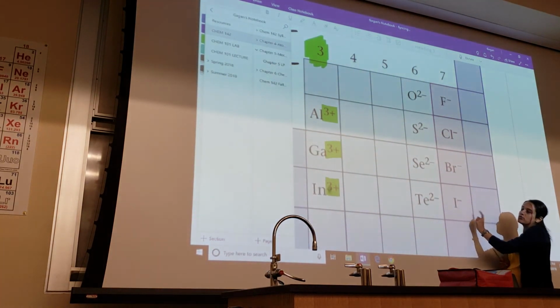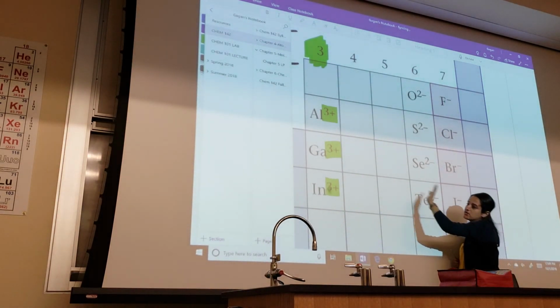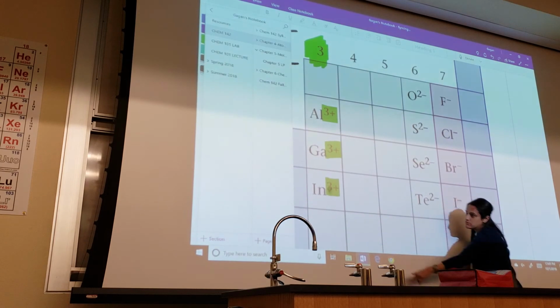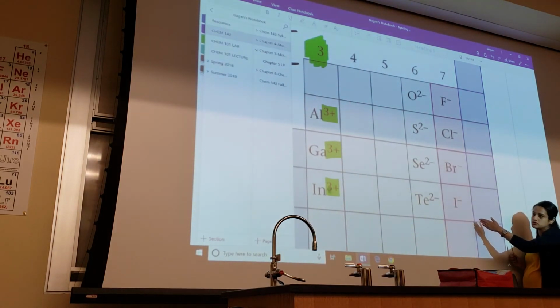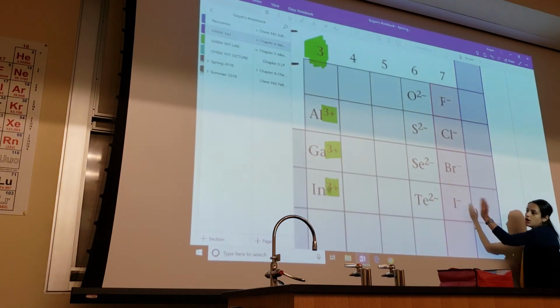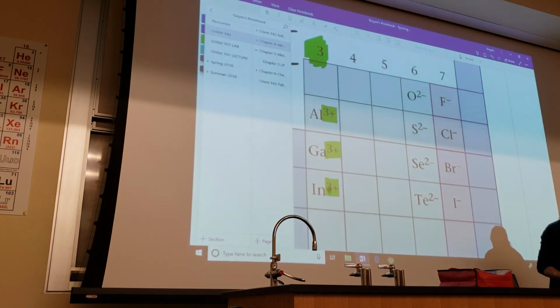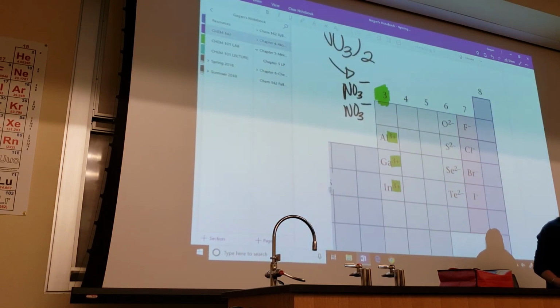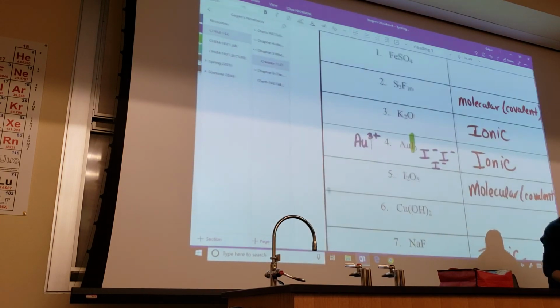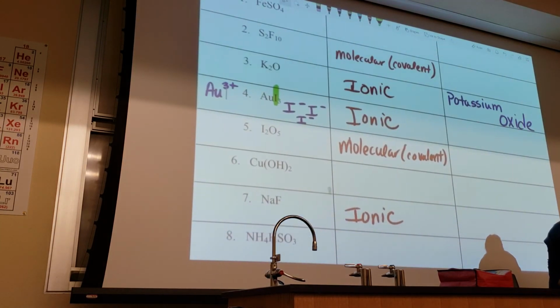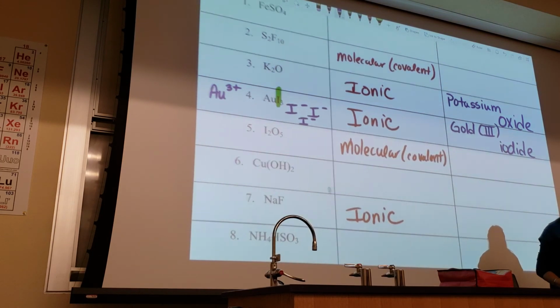Group 7 always wants to gain 1. So these behave like this, but instead of positive, it's going to be negative charges. So notice iodine always likes to be a -1. So here I write gold, 3 with the Roman numeral, and then iodide.